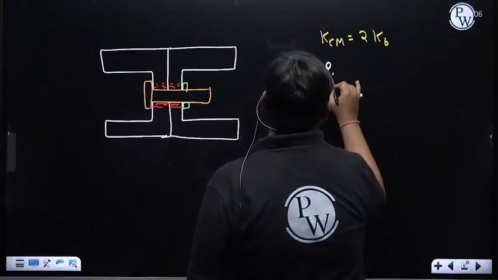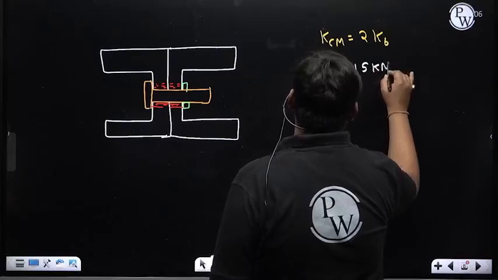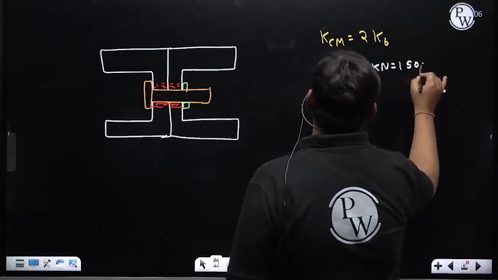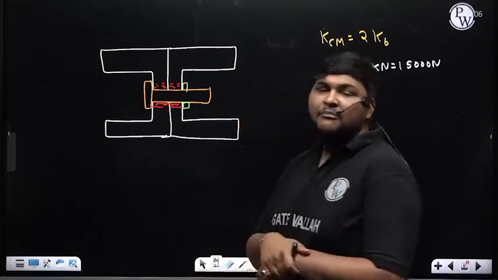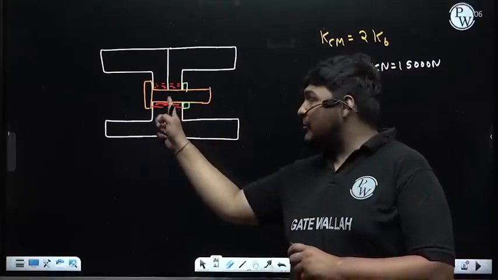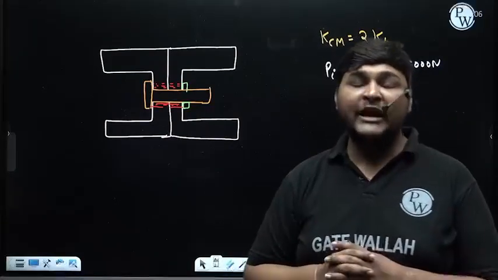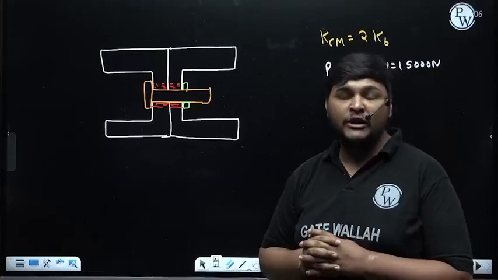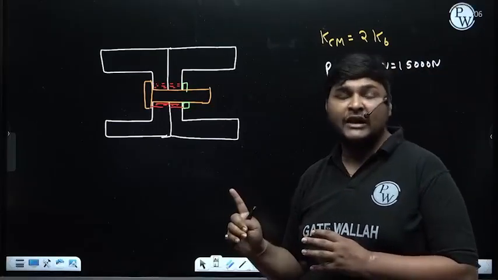Suppose I denote the preload as PI, which comes due to tightening. It is 15 kilonewton, in Newton it will be 15,000 Newton. Whenever any bolted assembly has a preload PI, and that assembly is connected with one bolted joint, as right now one bolted joint is involved, the nature of the preload in the bolt will always be tensile.